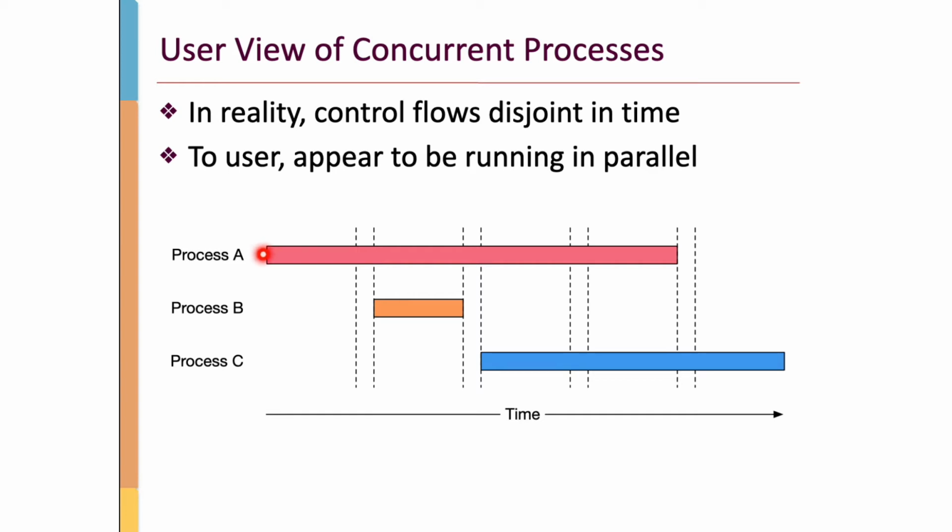That process A has been running this entire time, process C runs this entire time, process B is sandwiched in there somewhere in between. From the user's point of view, we don't really see that change over from process to process. It's hidden as an abstraction from the user to give the illusion that the processes are all executing concurrently.